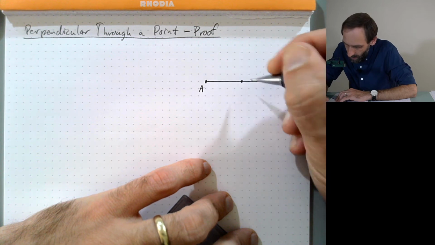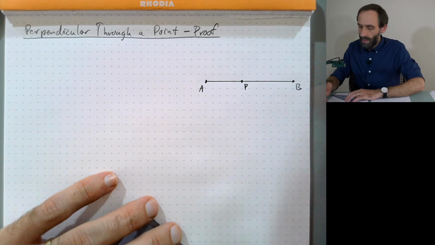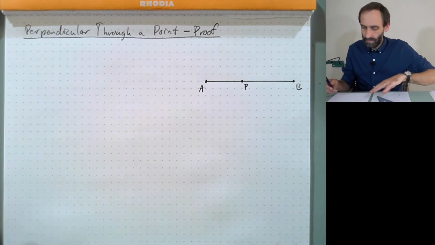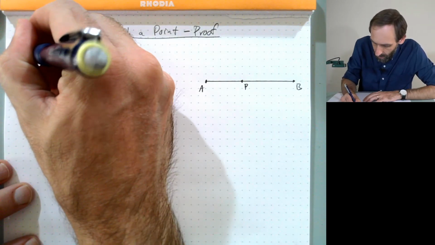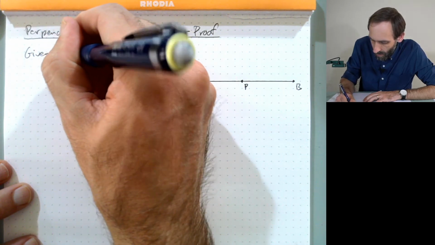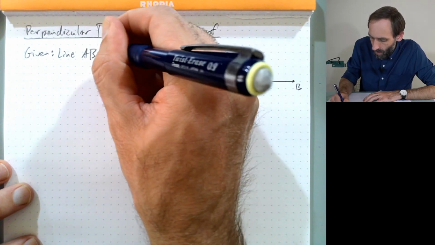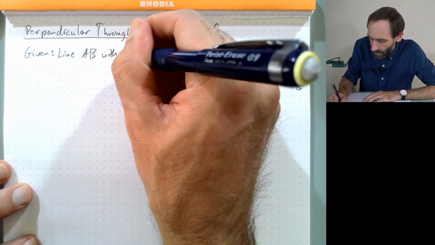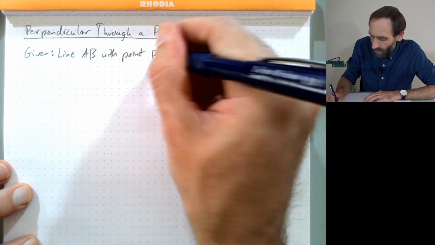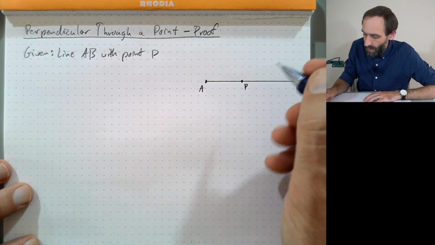Let's go ahead and call this point here point P. So that's my point P on the line AB. So given line AB with point P. So we're given a line AB with some point P.